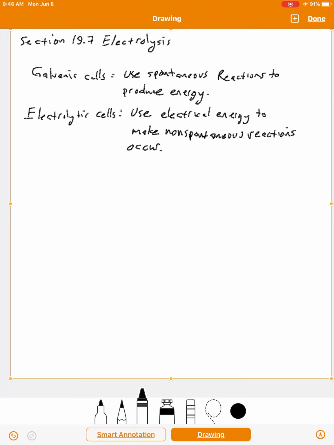Right? So, for example, if you were to take this reaction right here, copper 2 plus zinc, to produce copper and zinc 2. What you would find is that the standard cell potential for that would be positive 1.10 volts. It's positive, so this is spontaneous as written, right?